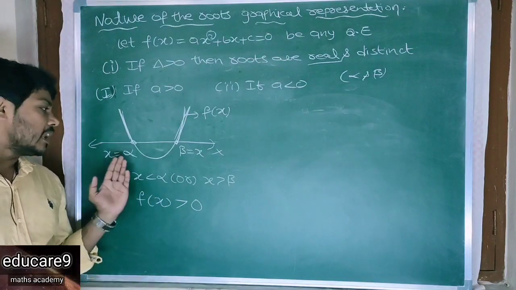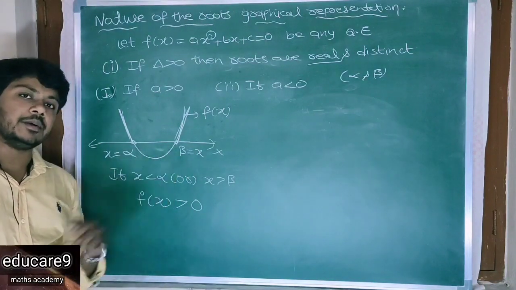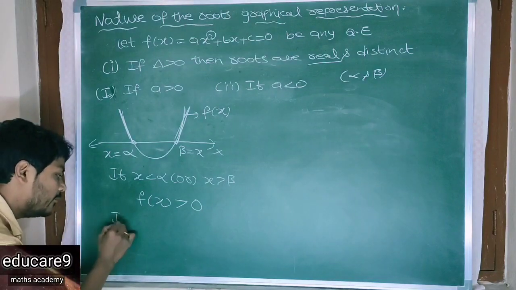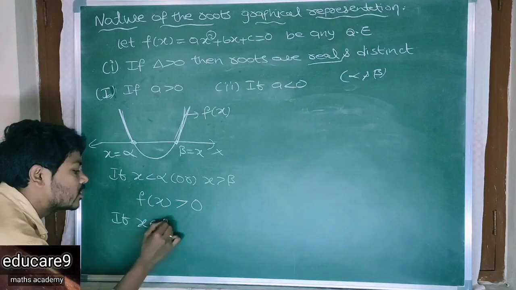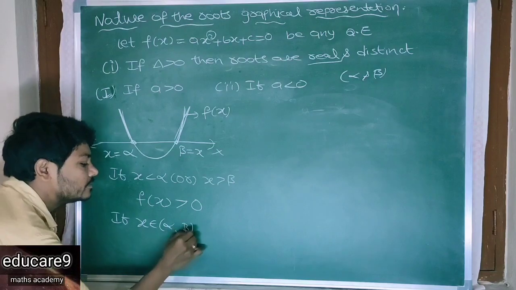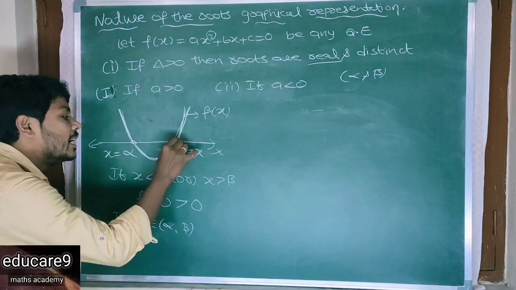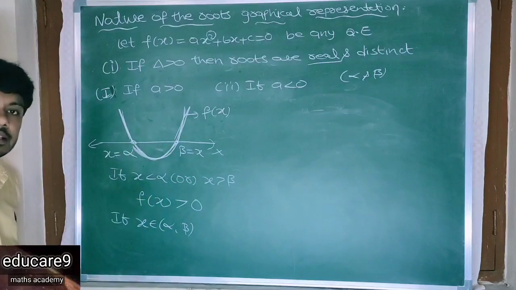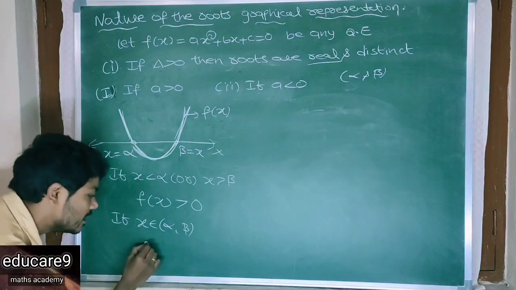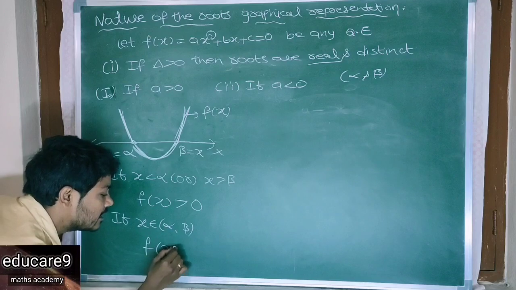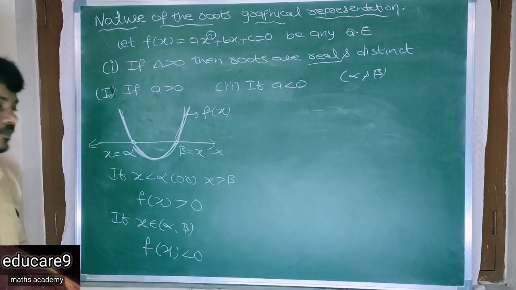If x lies in the interval (alpha, beta), in that case the graph lies below the x-axis, meaning f(x) is negative.